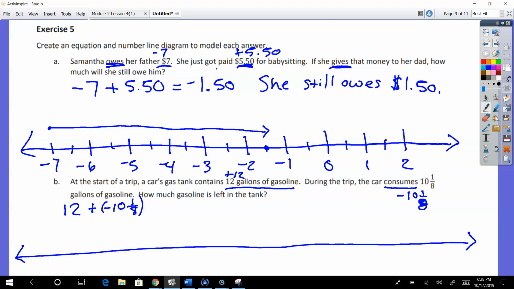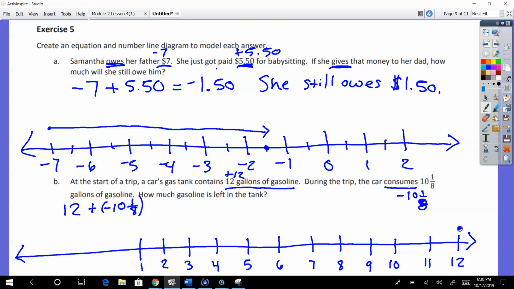Okay, we're starting at 12 and then we're going to the left 10 1/8. So we're going to start over here at positive 12 and then we have to go 10 to the left. So 1, 2, 3, 4, 5, 6, 7, 8, 9, 10, and a little bit.